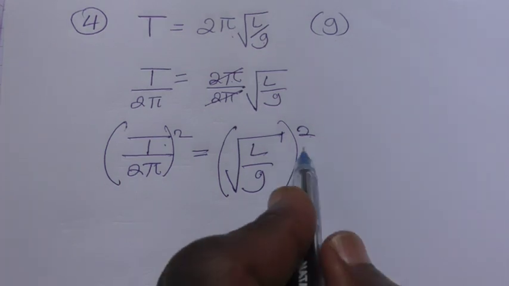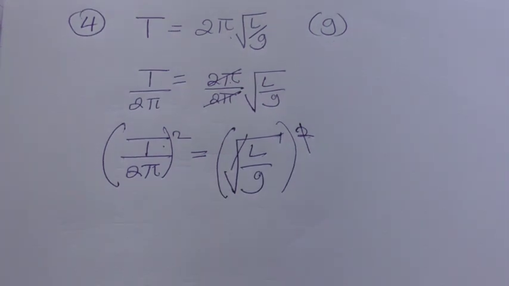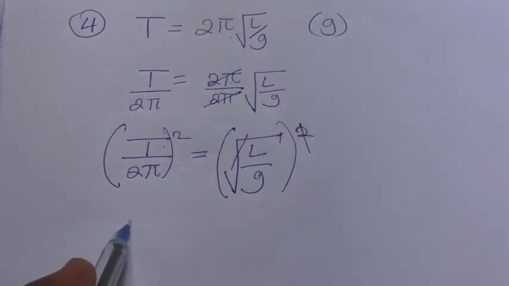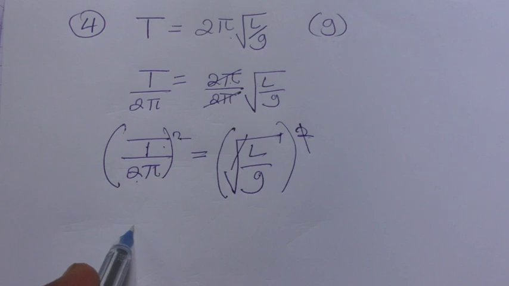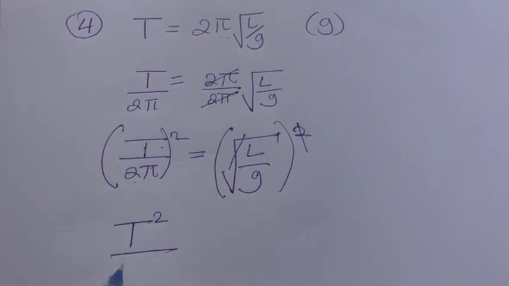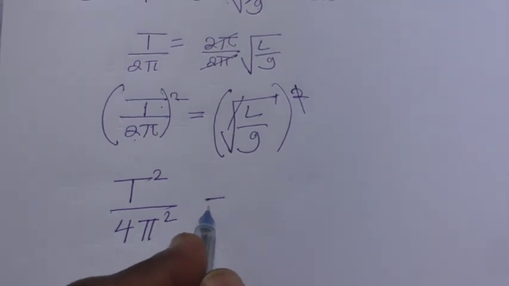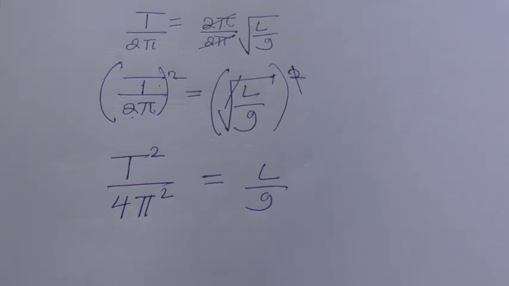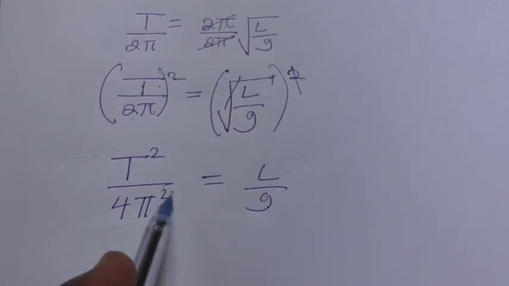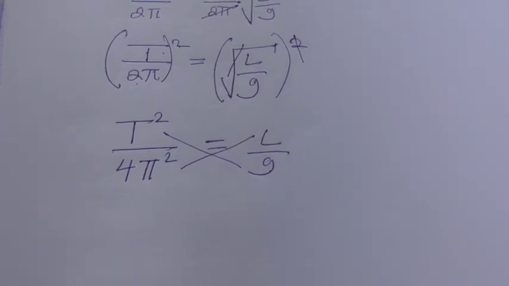So when we square, the square cancels with the square root, and on this side we shall be left with, once we square both the numerator and the denominator, T squared over 4 pi squared, which equals L over G. And now that we have broken the fence that has been protecting G, we can now cross multiply so that we avoid the fractions.